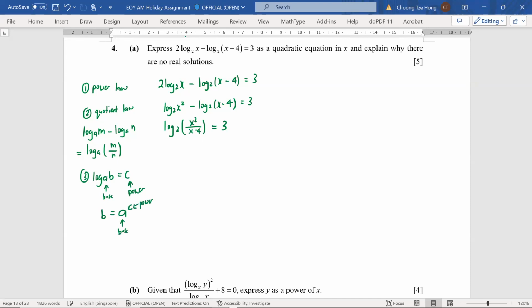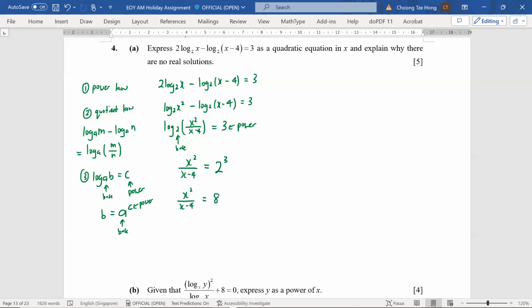You need to know how to convert between exponential form and logarithmic form. For this particular question, 2 will be the base, and this 3 will be the power. So in exponential form, it's going to become base 2 to the power of 3. 2 cubed is simply 8.